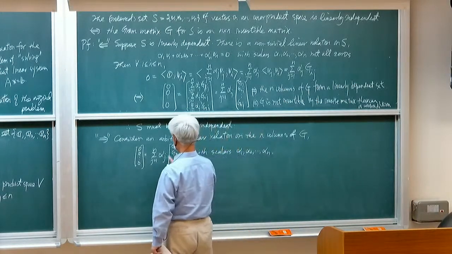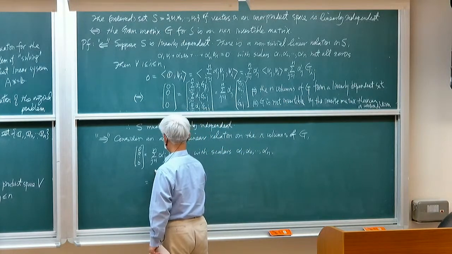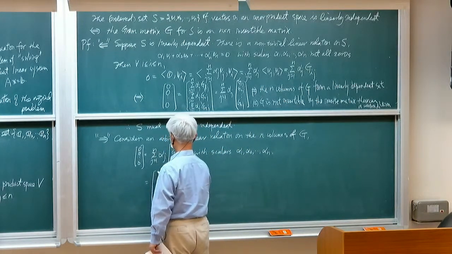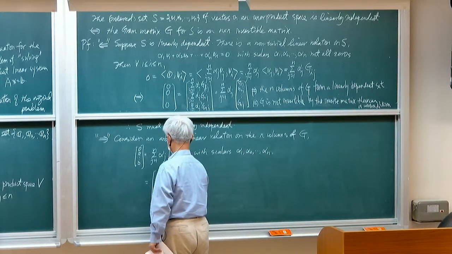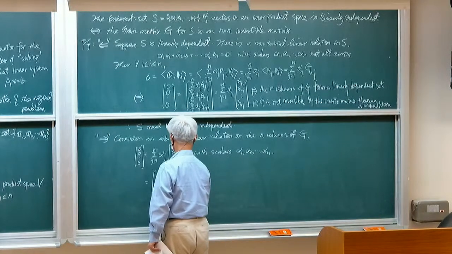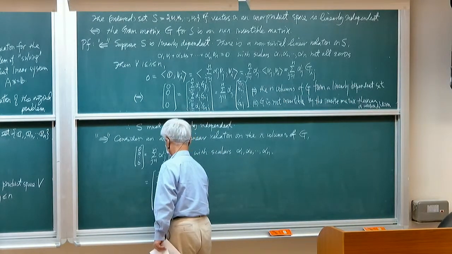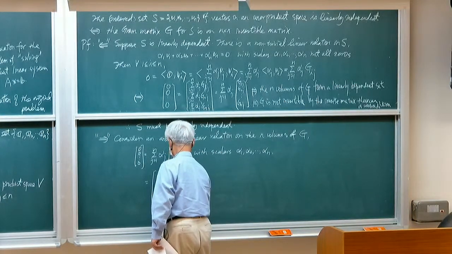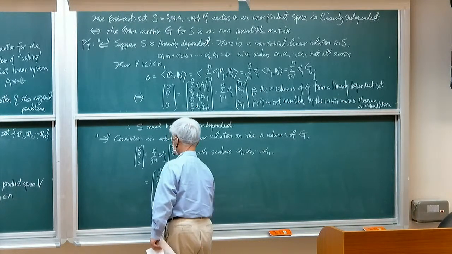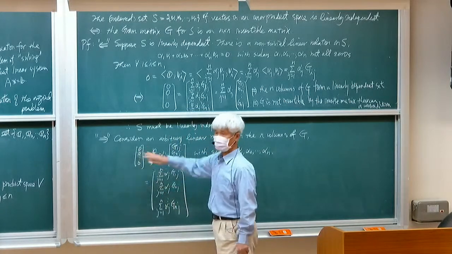Okay, and so we manipulate this. This vector is the 0 vector.